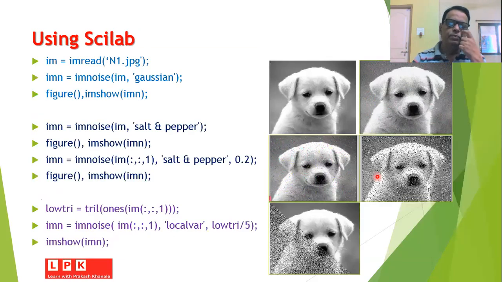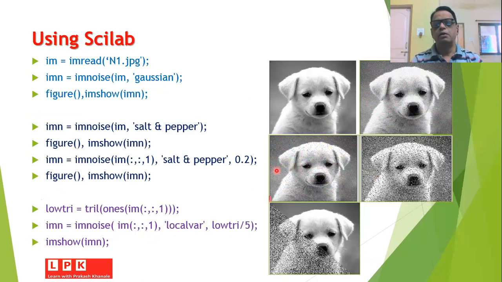For example, this is the original image, the dog image, n1.jpg. Suppose I add Gaussian noise to this image; you will find that the image gets converted into this image, where one can easily observe that the noise has been added. If we change the type of noise to salt and pepper, the image looks as shown in this window.